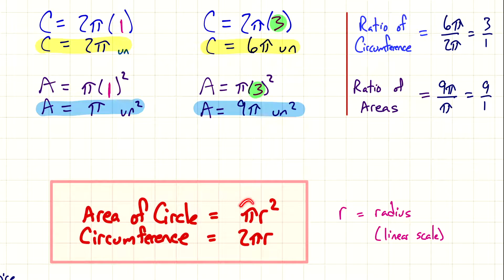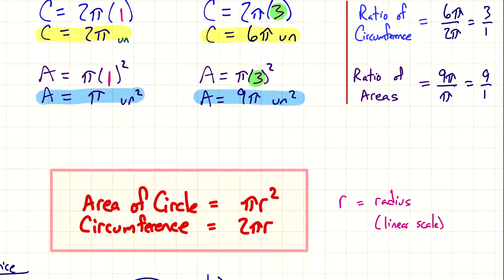So pi represents the area of radius 1, and then r squared represents us multiplying by our ratio of areas, and then 2 pi represents the circumference times another scale factor as well. In this case, r is going to be our radius, which will also be our linear scale. So this should make it a lot easier to find the area and circumference.